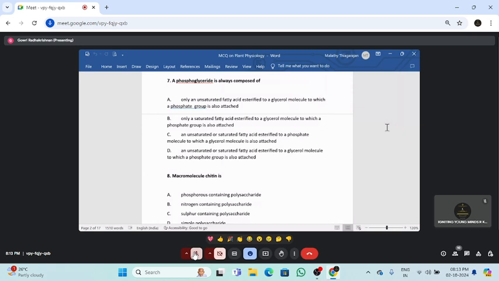Are you finding it difficult to understand? A phosphoglyceride is always composed of an unsaturated or saturated fatty acid esterified to a glycerol molecule to which a phosphate group is also attached. That is the correct answer. The other options don't really explain phosphoglyceride. Only option D is the correct answer.